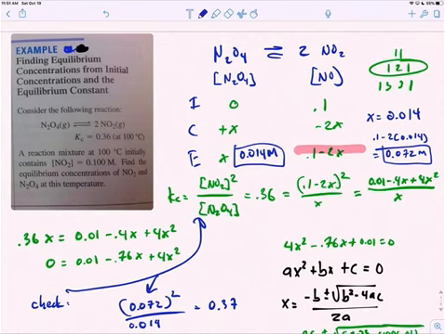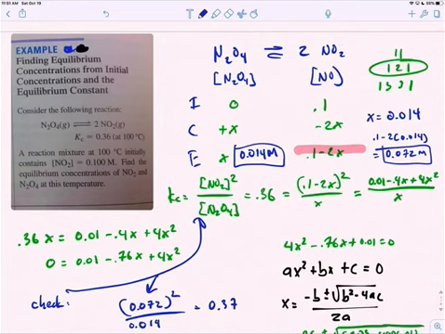Okay, so recap with this one. We have N2O4 in equilibrium with two NO2s. Kc is 0.36. Initially, we have the product NO2 at 0.1 molar. What are the equilibrium concentrations of both?